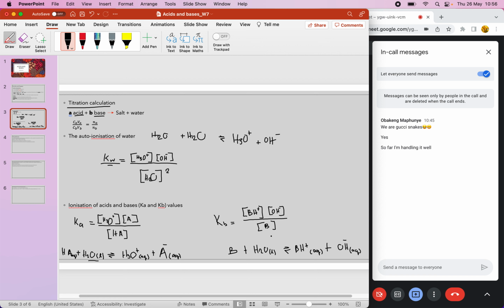The same with the base: you have your base, you have water, and one gains and one loses the proton. The same with the Kb, or the equilibrium constant of the base. You can include water since it's a liquid. So this is a summary of acids and bases, and are we together so far, guys?